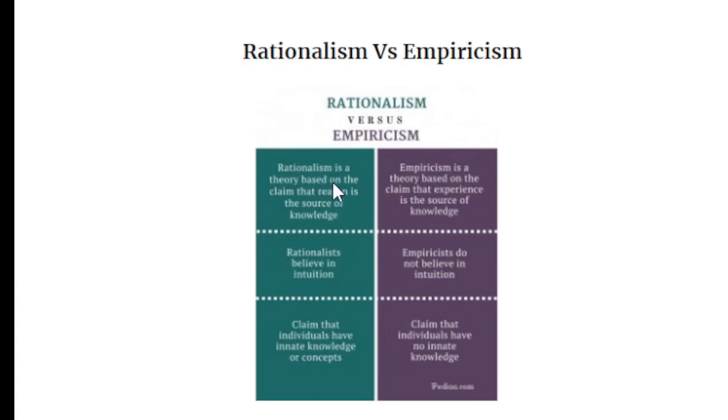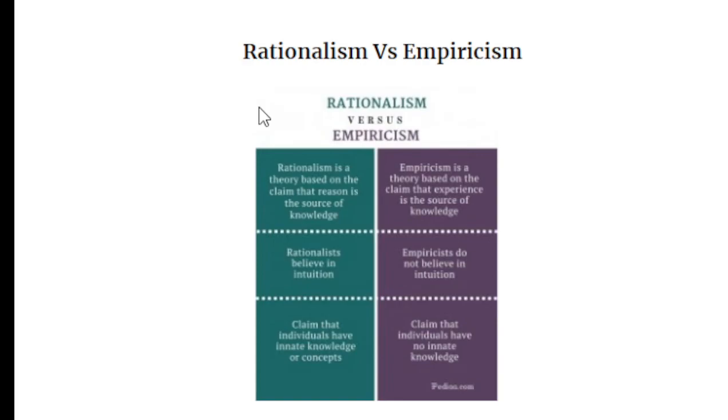Okay, so rationalism is basically rationalizing things, with thought, with intellect, by using the mind. And empiricism basically means that the field of knowledge is developed or dependent only on sensory input.